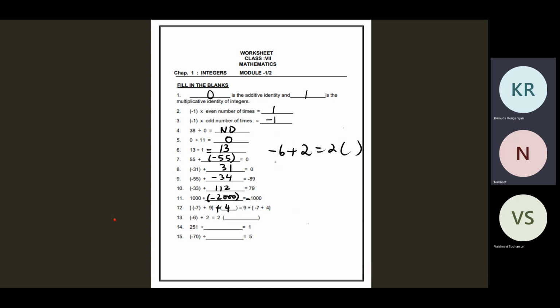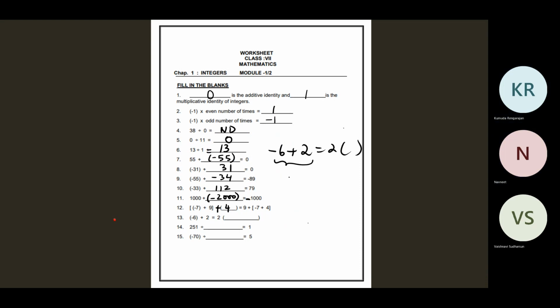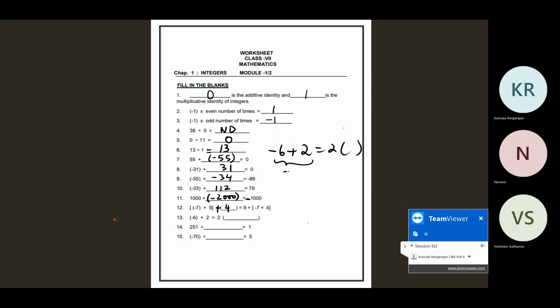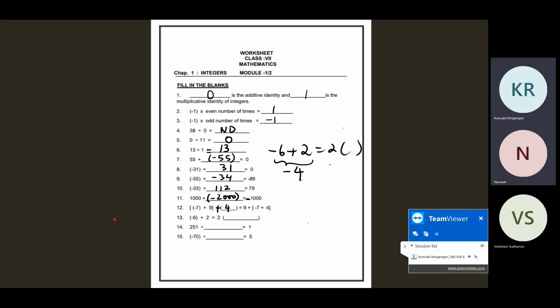Okay, so what's correct? What is the answer here? The answer here is minus 4. 2 into what is minus 4? 2 into minus 2. Minus 2 is minus 4. Very good. So it's minus 2.